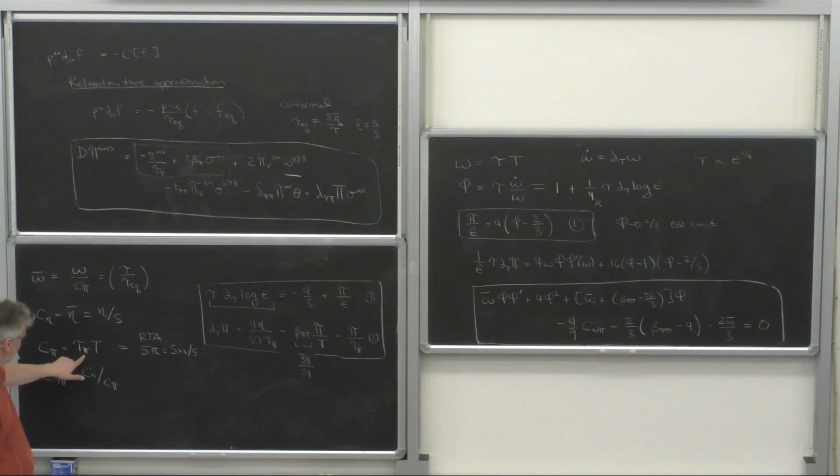In the theory, it's related to eta bar. In RTA, it's just 5 eta bar. This is Heller and Spalinski's funny way of writing eta bar. It's C eta. And then there's a ratio of eta over C pi, which is in the end just 1/5.